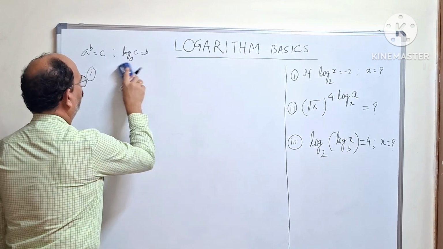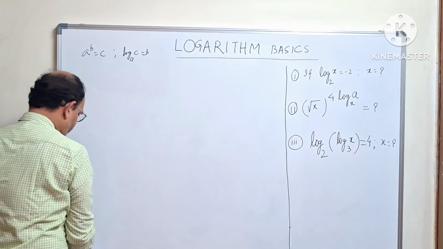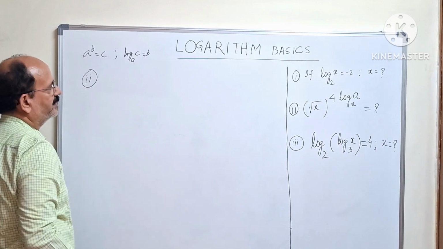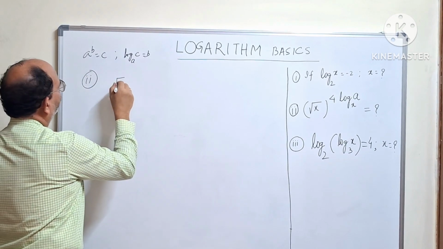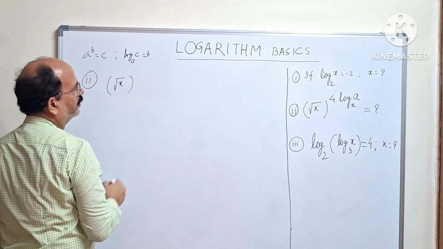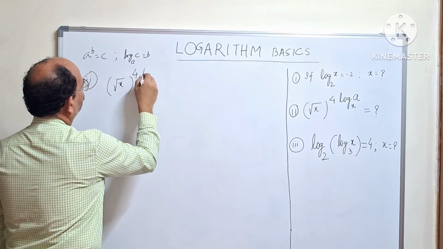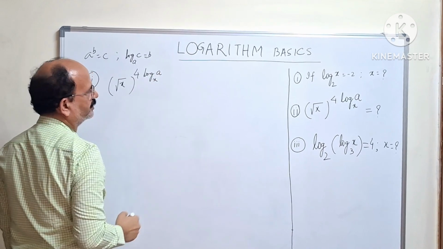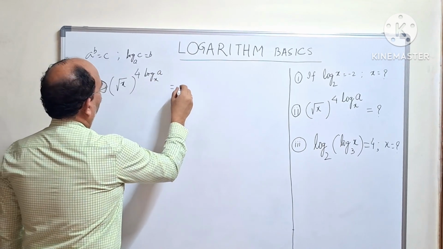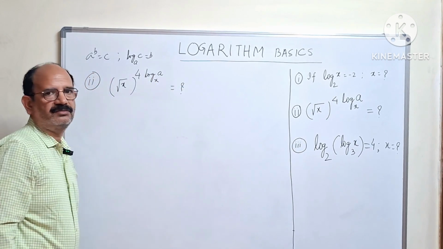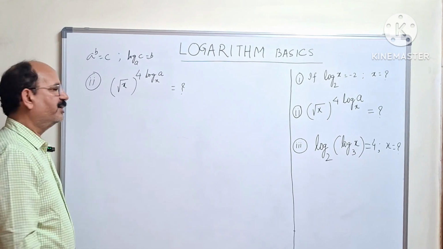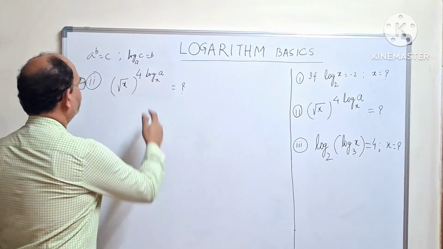Let's take another example, example number 2. It is appearing a bit complex, right? It is saying root of x to the power 4 times log of a base x is equal to what? We have to evaluate what will be the value of this. Okay, so let's do this.